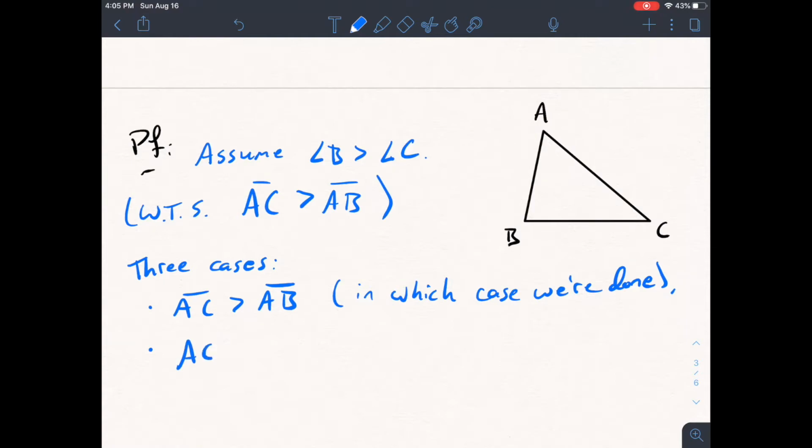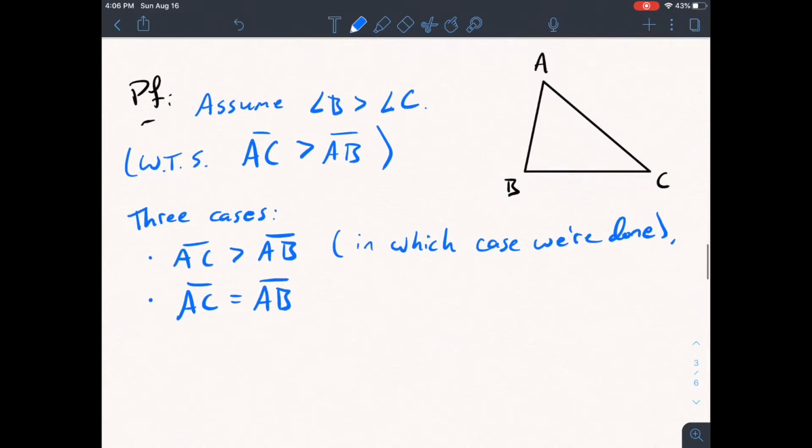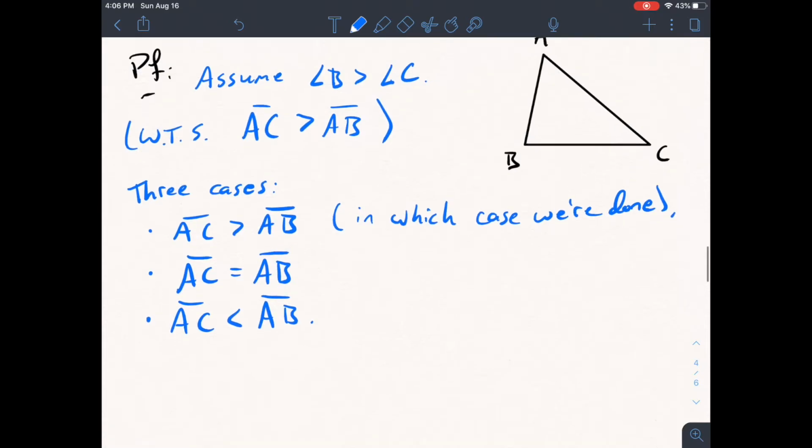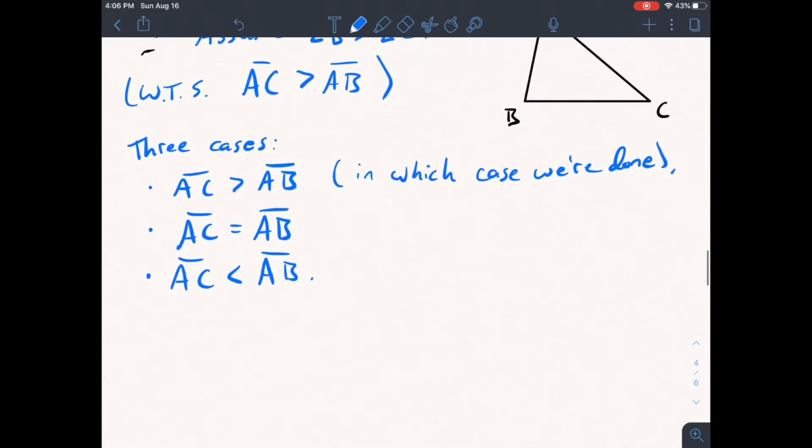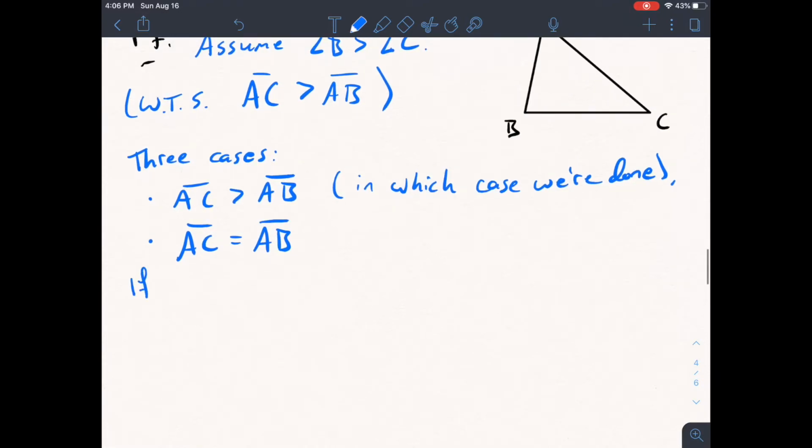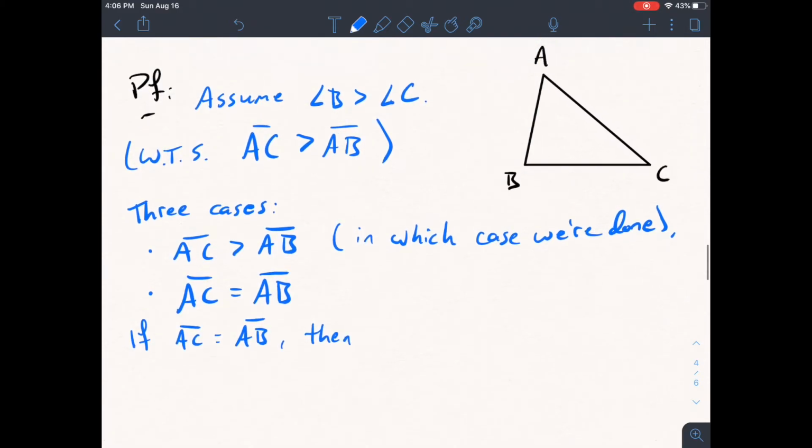We could have that these side lengths are actually equal. Or you could have that AC is in fact smaller than AB. Okay, so let's do the second one first. I'm going to get rid of this for now, and then we'll write it down later. So if AC equals AB, then we actually have an isosceles triangle here.